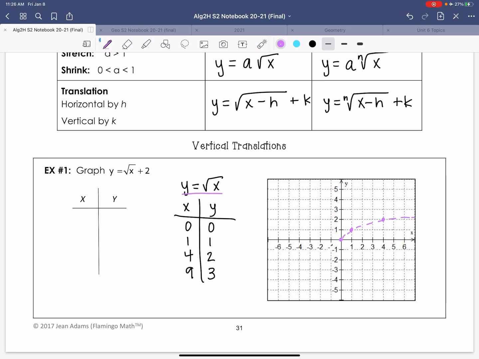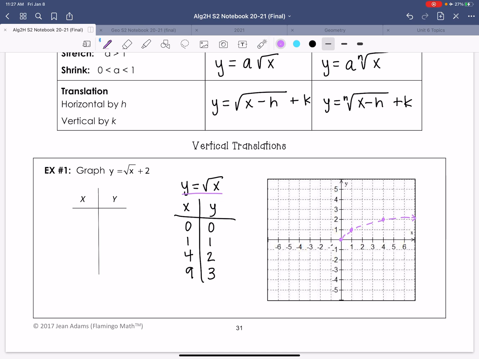Okay, so let's talk about this function for a second. This function is the inverse function or the opposite function of a quadratic. I couldn't think of that word. Of a quadratic, okay? Because we square root something, so when something is squared, we square root it. They're opposite functions to each other.